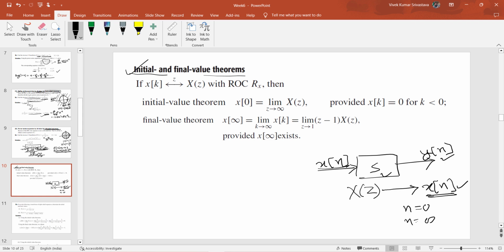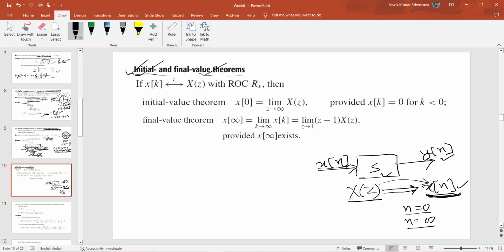Instead of doing this very lengthy process, we use the initial and final value theorem to easily determine the initial value as well as the steady state response, if only x of z is given to you. There is no need to use the inverse z transform to first determine x of n and then put n equal to 0 and n equal to infinity.